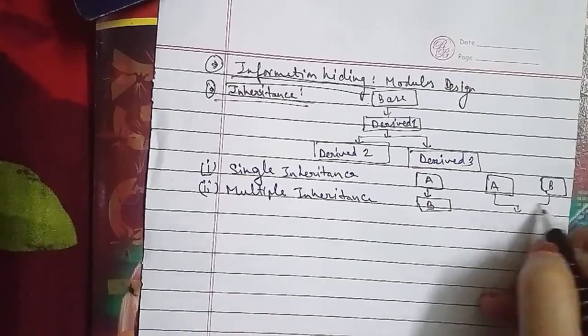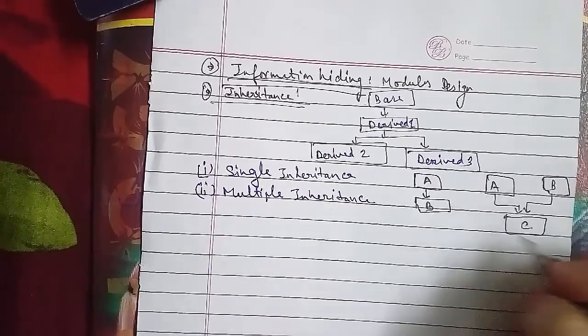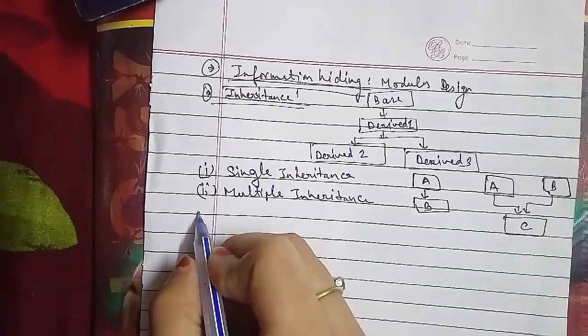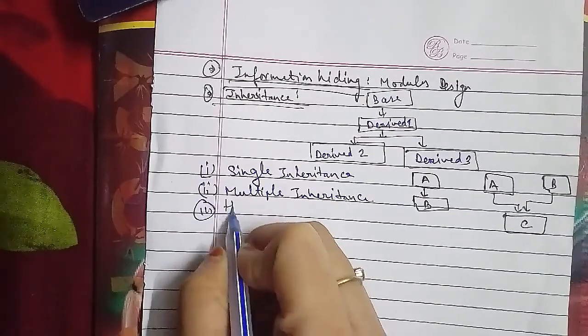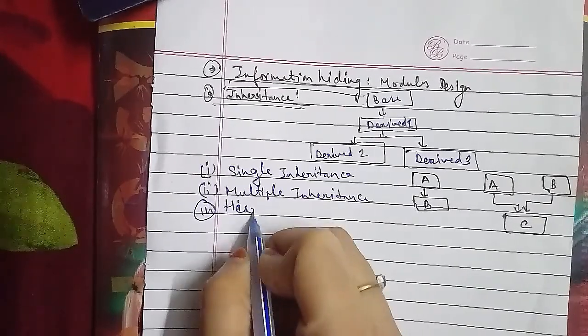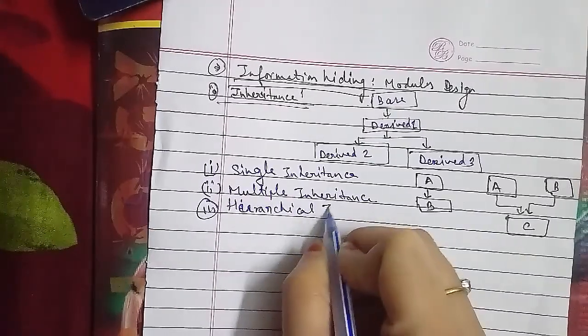We can say that with the help of a diagram here: the base class is A. So this is your A, this is B, this is C, this is D. This is hierarchical inheritance.